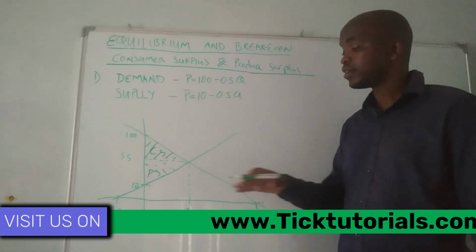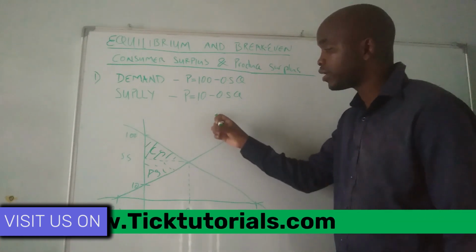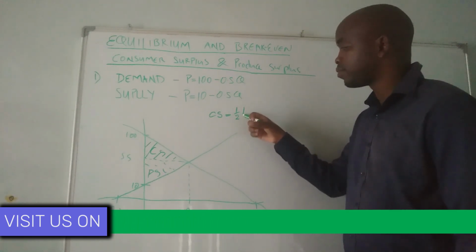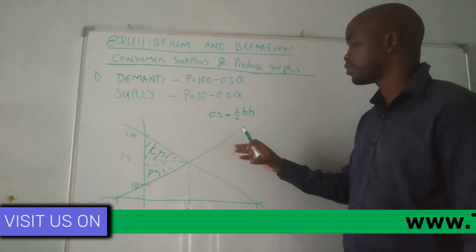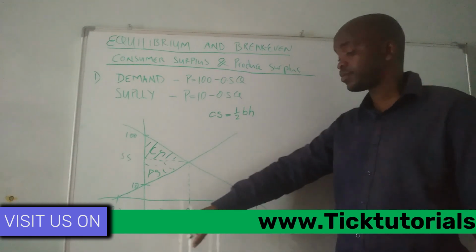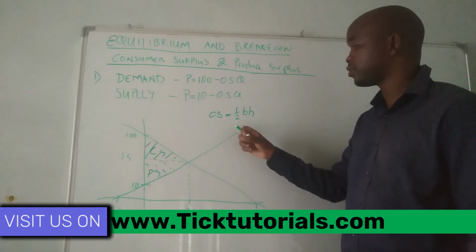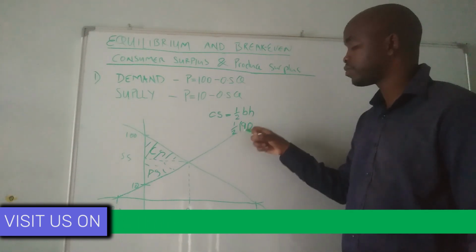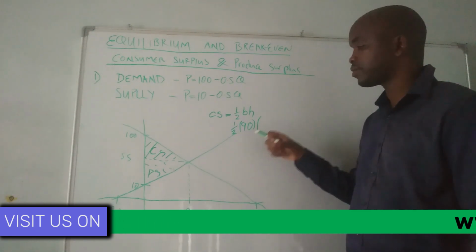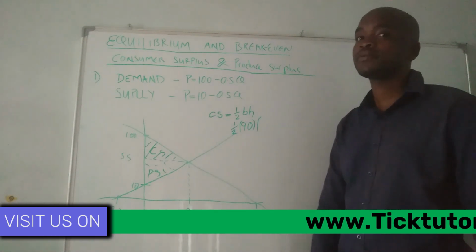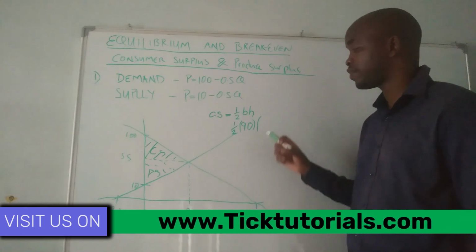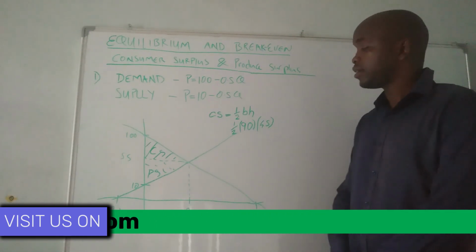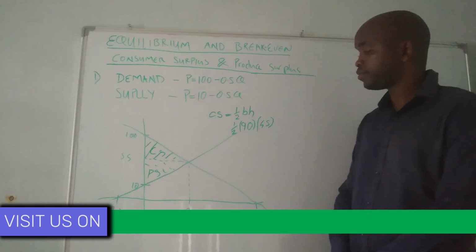Let's do that algebraically. Let's replace our base and our height into the formula. So we're going to have CS is equal to half base times height. We said our base will be from 0 to 90, so we're going to have half times 90 times our height, which will be 55 to 100. So 100 minus 55 will give us 45. What is half of 90?